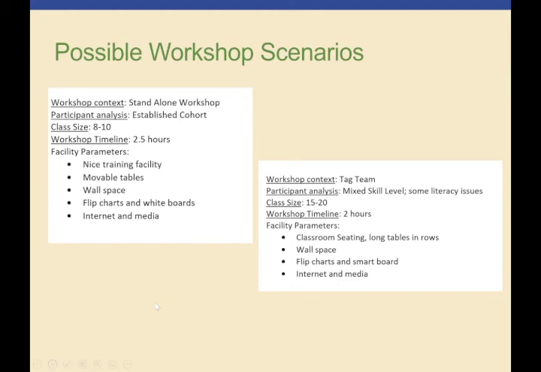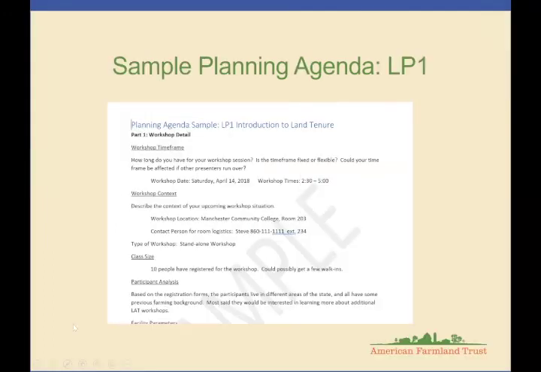So as we get into the planning agenda, it's going to ask you questions like that. Now, you might not know at this point, but you're going to want to kind of envision what it might look like, because that impacts how you handle your activities. So if you don't have it already, you're going to want to get it from Podio, but there are two documents that we're going to be working with, because you're going to be doing another activity in just a minute.